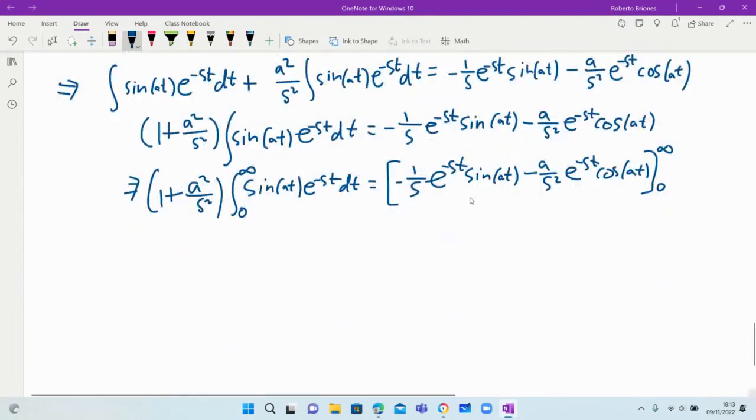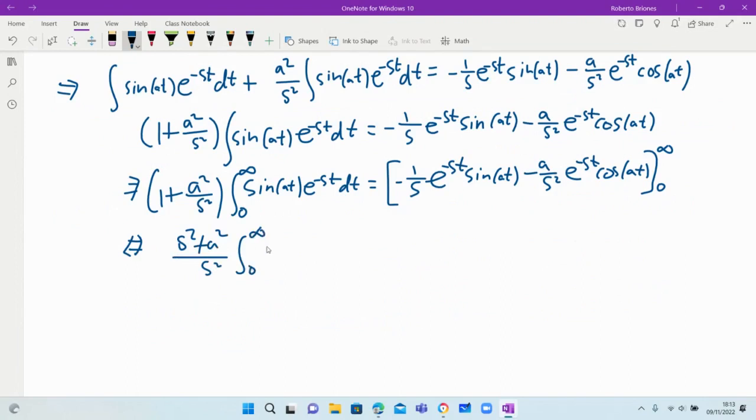And we will be able to find out that the expression on the left hand side will be s squared plus a squared all over s squared times the integral from 0 to infinity of sine at e to the negative st dt.